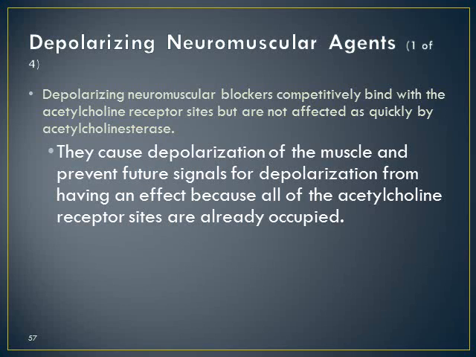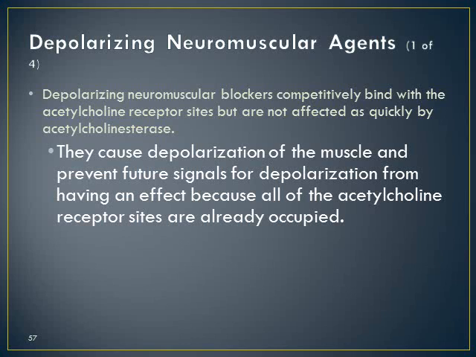So the depolarizing neuromuscular blockers will competitively bind with acetylcholine receptor sites, but are not affected as quickly by acetylcholinesterase. They cause depolarization of the muscle and prevent future signals for depolarization from having an effect because all of the acetylcholine receptor sites are already occupied.